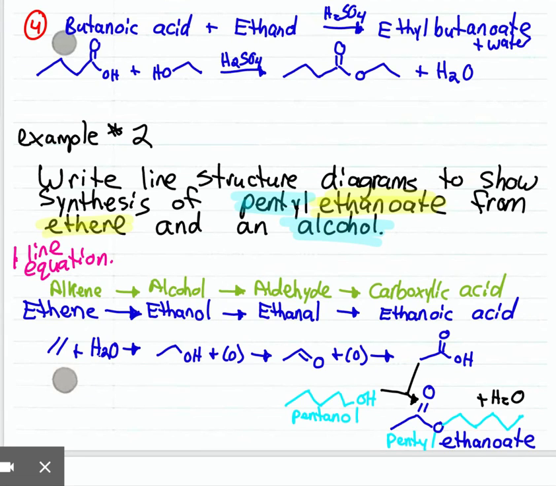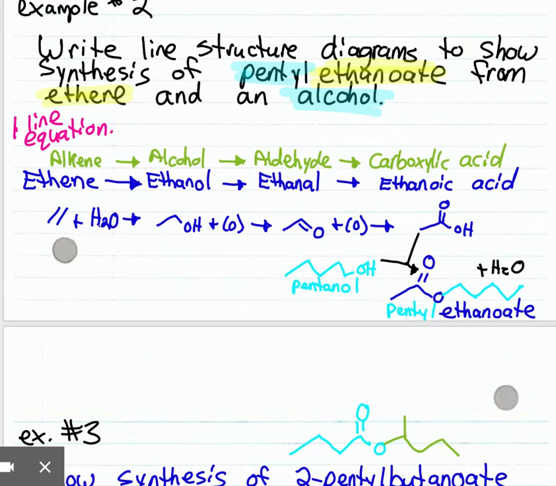So ethene plus water makes our alcohol, plus our oxidizing agent makes our aldehyde, plus another oxidizing agent makes our carboxylic acid right here. And then we know that carboxylic acid is going to react with this pentanol to make our pentyl ethanoate, which we see right here.